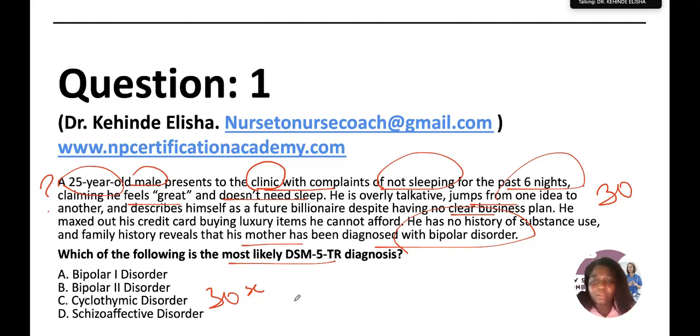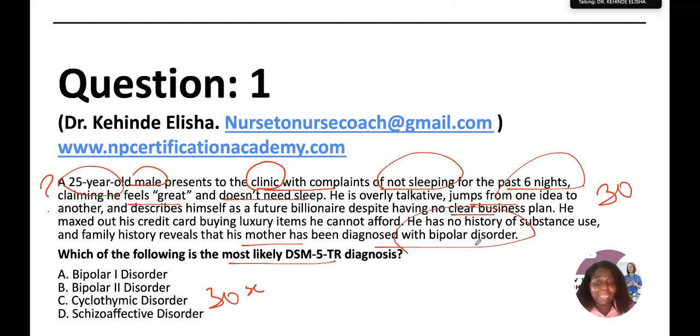What do we think here? Now, after reading your question and your keywords, you're going to go back and do what? I'm going to say, okay, 25-year-old male, clinic, not sleeping the past 6 nights, feels great, doesn't sleep, overly talkative, jumps from one idea to another, future billionaire, no clear plan, so lost. It's different to say, okay, I'm going to be a billionaire in the future, and to be so clueless and lost.